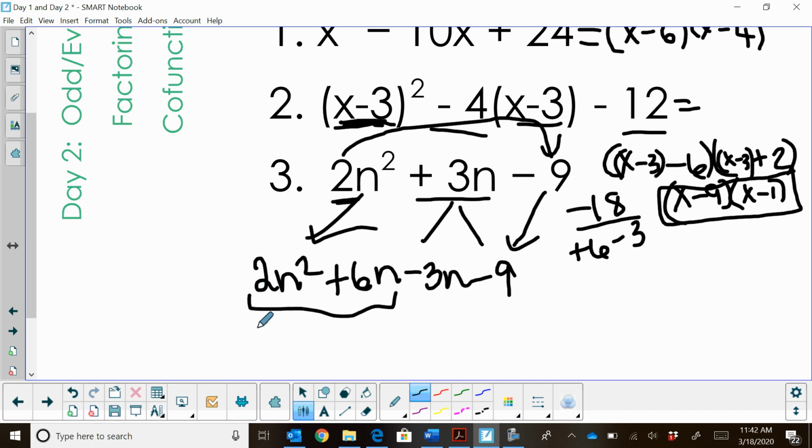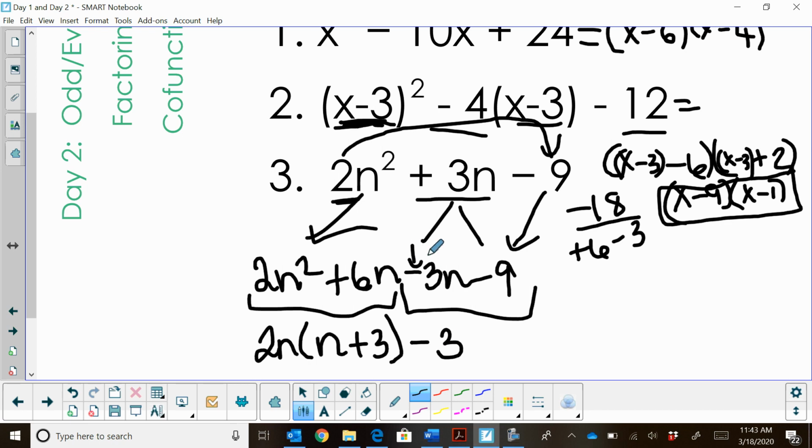So let's take our first two terms and factor out our GCF, which is 2n, and that leaves us with n plus 3. And then do the same thing with the back. A negative 3n minus 9, factor out a negative 3. If this third term is negative, always factor it out. And that's going to be n plus 3.